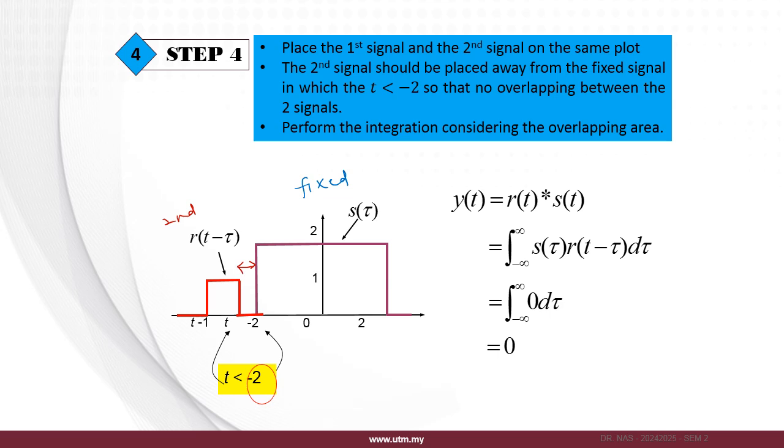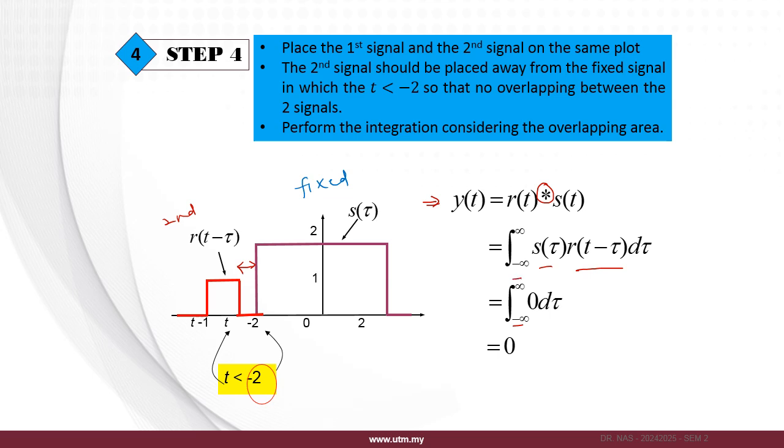So in this case, you need to perform the integration by using the convolution theorem given by this equation: r(t) convolved with s(t). In integral form, it is equal to the integral of s(tau) r(t minus tau) d tau, where the range is from negative infinity to positive infinity.